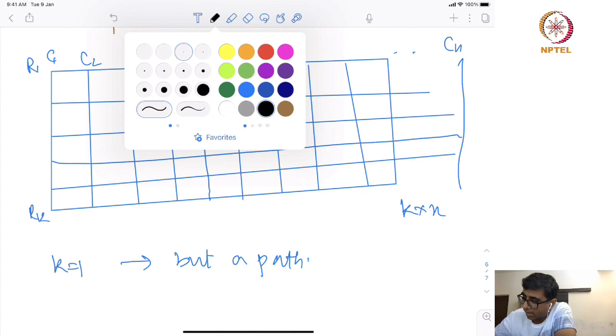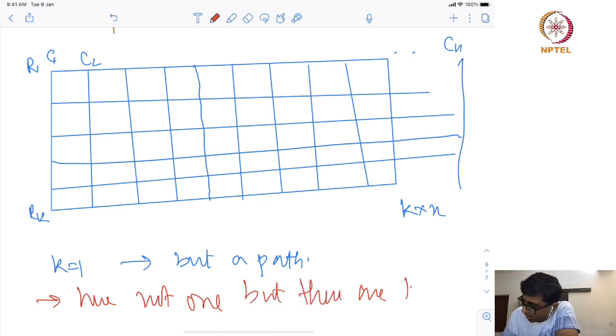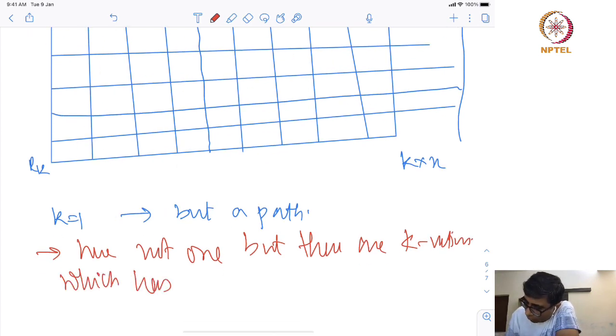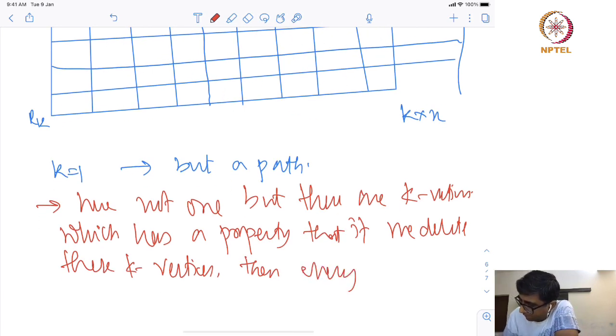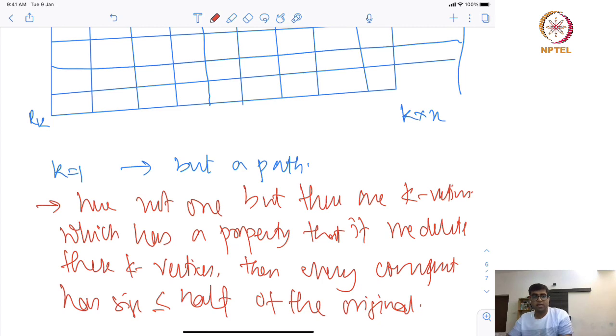Here there are k vertices which have the property that if we delete these k vertices, then every component has size at most half of the original. Great.